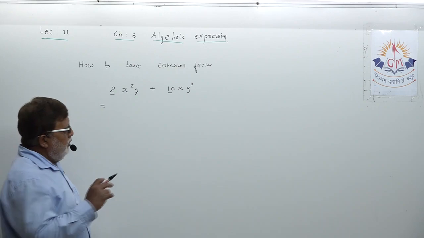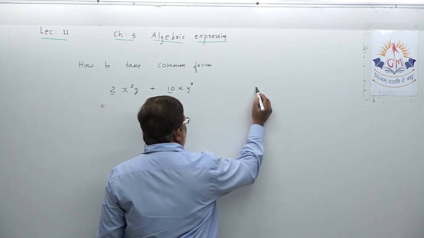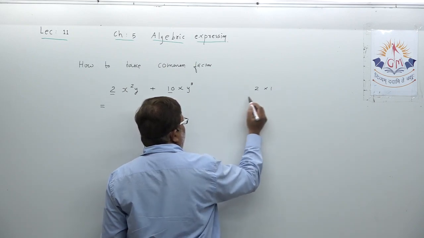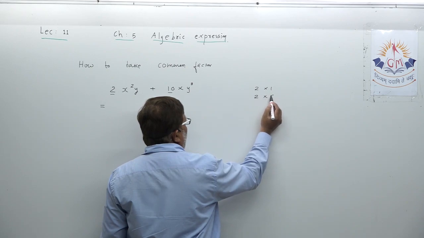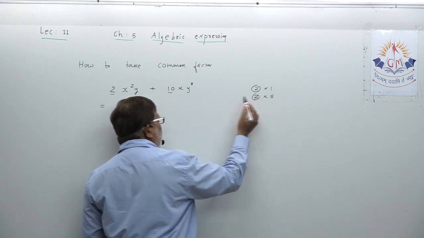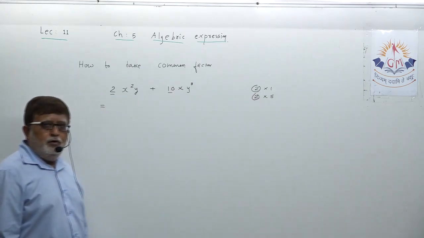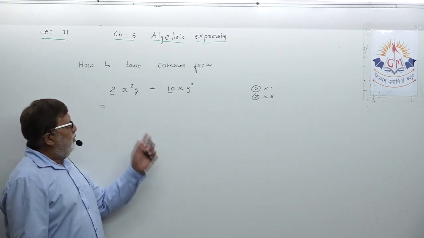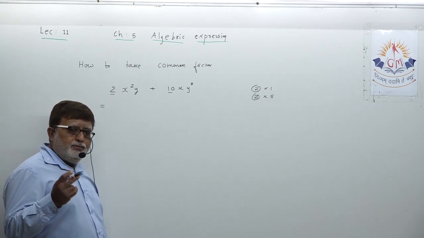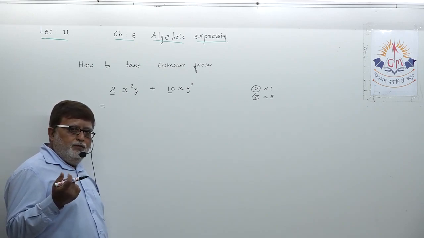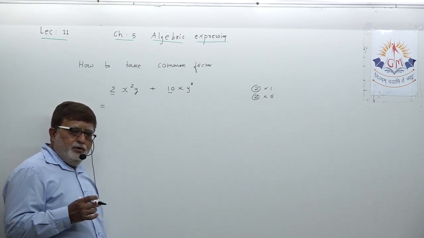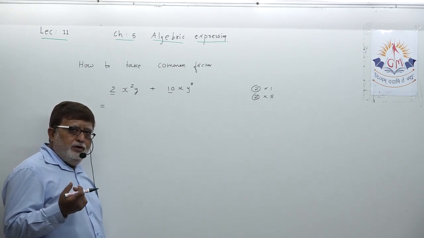Why? I am just giving you an idea. If you factorize 2, it is 2 into 1. If you factorize 10, 2 into 5. What is common between these two numbers? 2. That's why 2 is common. Actually that way also you can think, understand, actually when we are taking out common from two terms, at least as the numbers are concerned, we are taking out HCF as common.